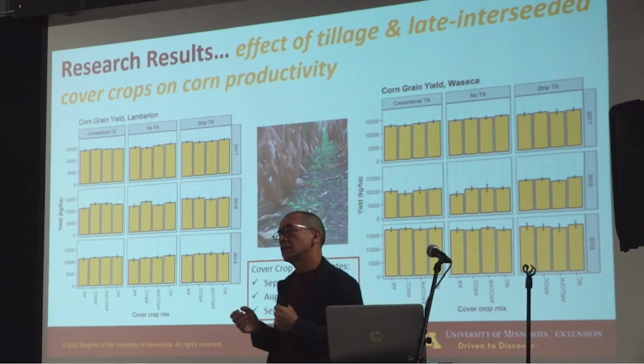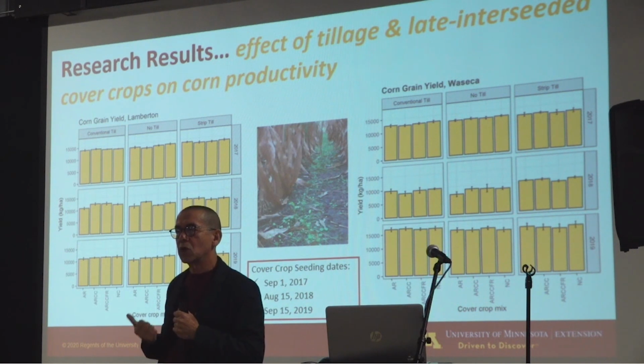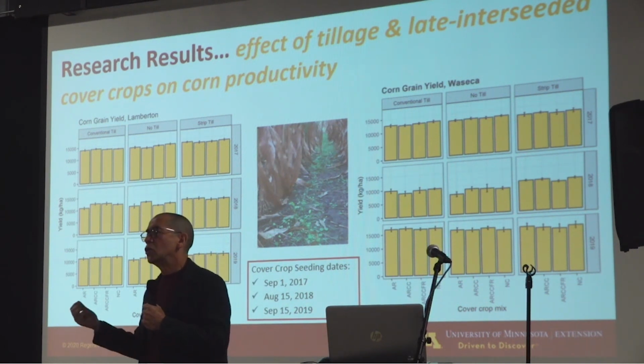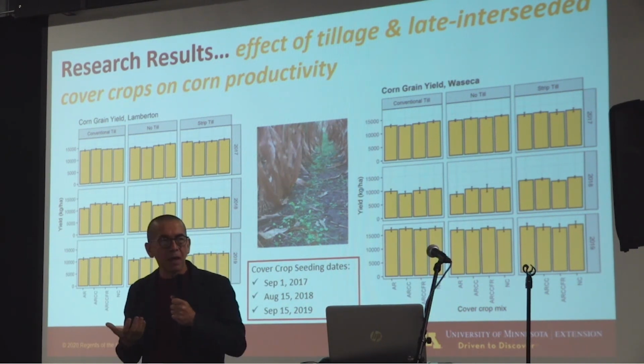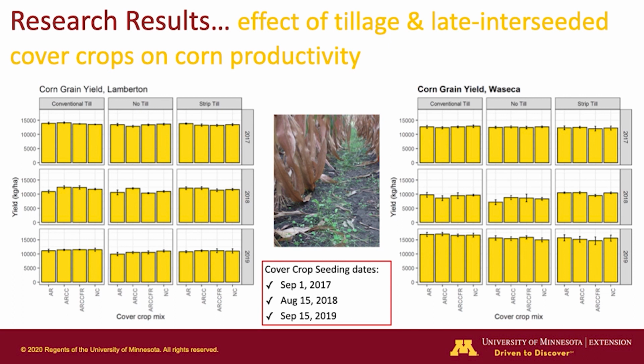Then we thought that probably if we late seed cover crops into corn, but we also look at tillage practices, we might be able to find some differences, and eventually our cover crops will produce better as well. So we had a combination of conventional till, no till, and strip till, a combination of tillage with different cover crop practices, which you see here in the x-axis.